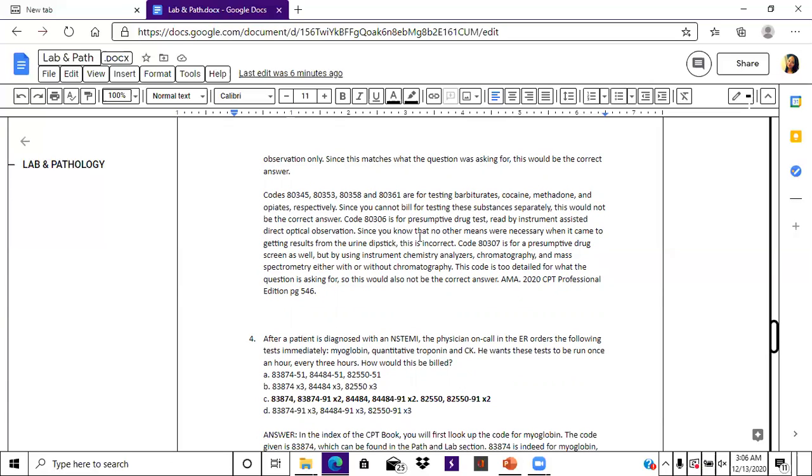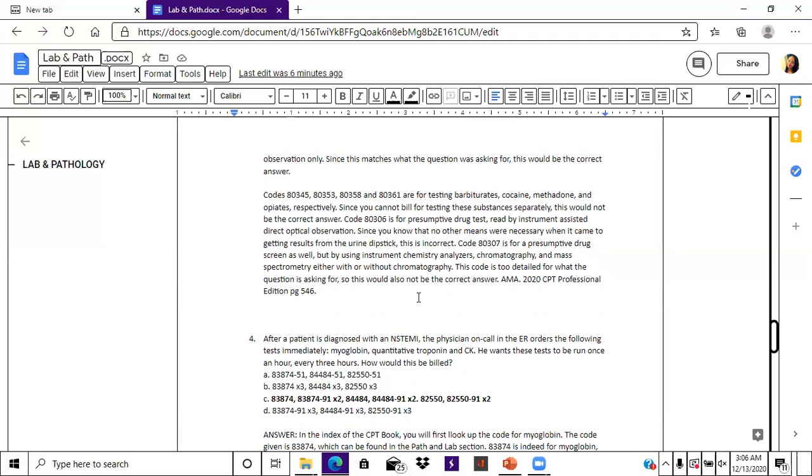Code 80306 is for a presumptive drug test read by instrument-assisted direct optical observation. Since you know that no other means were necessary because it said no assistance when it came to getting results from the urine dipstick, this is incorrect.